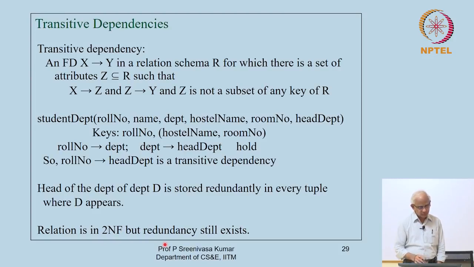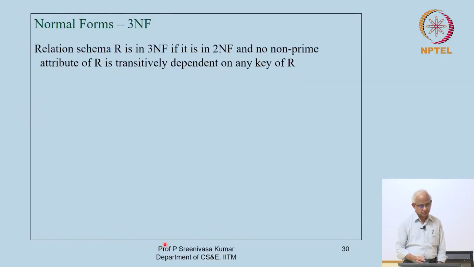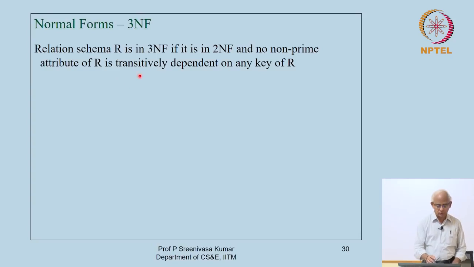To plug this, what we do is now define third normal form. A relation scheme R is in third normal form if it is in second normal form, and in addition no non-prime attribute of R is transitively dependent on any key of R. This is the new constraint that we impose.